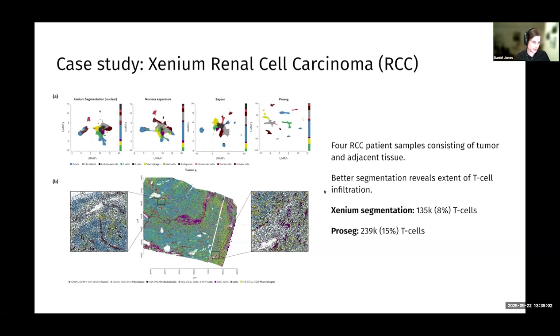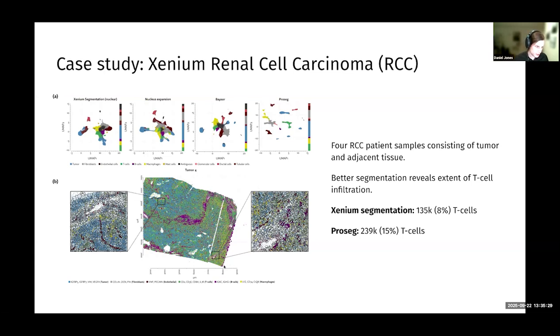So this is the main example where we wanted to do this proximity analysis. This is renal cell carcinoma data that we ran. We actually had 4 different tumors here. It was a pretty difficult segmentation problem. This was one of the earlier data sets that really prompted us to look at segmentation closely, because the tumor is highly infiltrated with T cells.